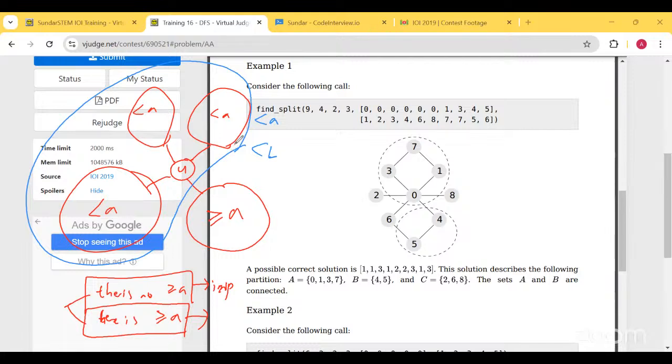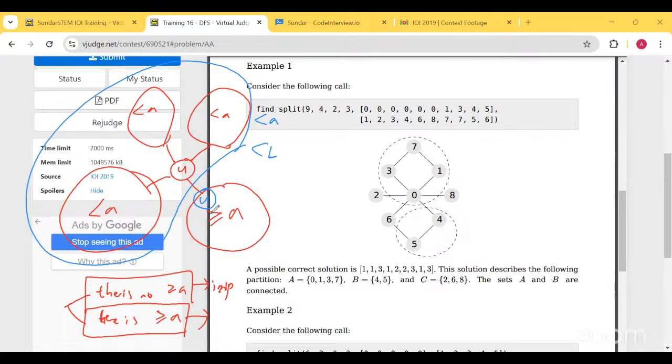Okay, I think if this is less than a, just choose another node, right? Just choose another node for u. Don't choose u here. Is it always possible?